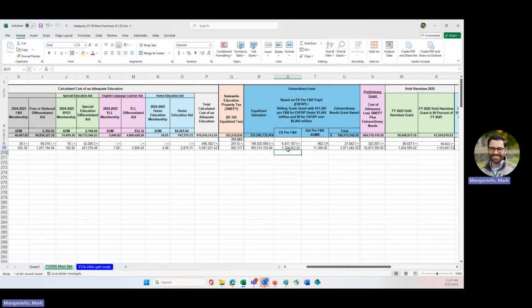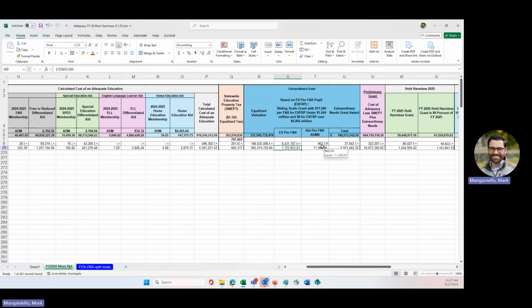They're at 1.7 million. So any community that has an EV over FNR of 1.664 million, they get $11,500 per pupil. No community hits that threshold. Berlin is the closest, and they don't get 11,500. They get something slightly short of that. So they get $11,366 for each FNR pupil under the Extraordinary Needs Grant.